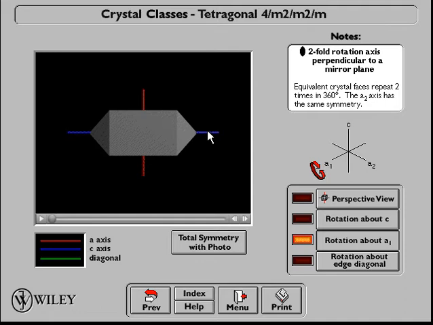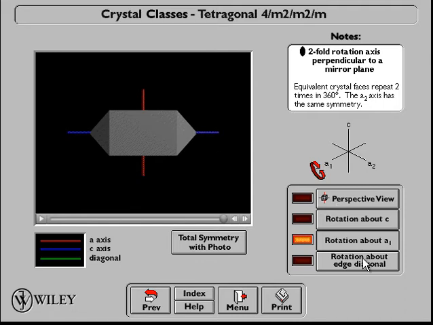The A2 axis has the same symmetry, because they are of the same length, and the angle between them is 90 degrees, of course. Now we are making our twofold rotation, 1 time, 2 times, and perpendicular we have our mirror plane.